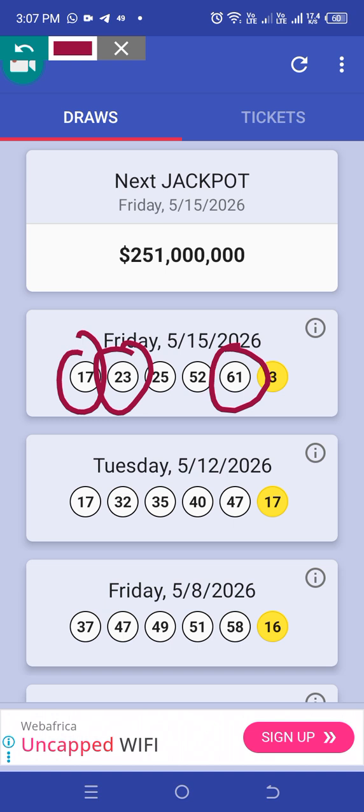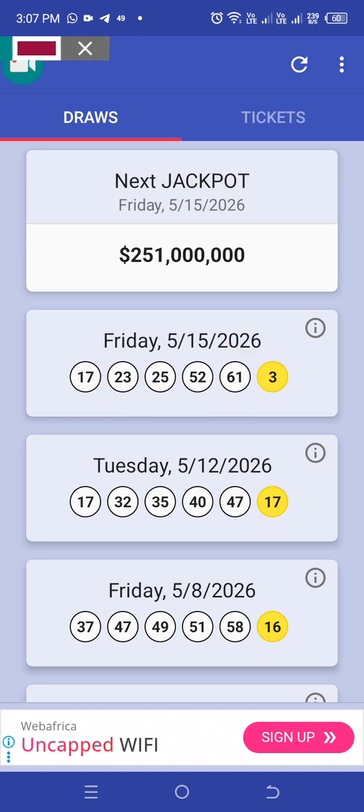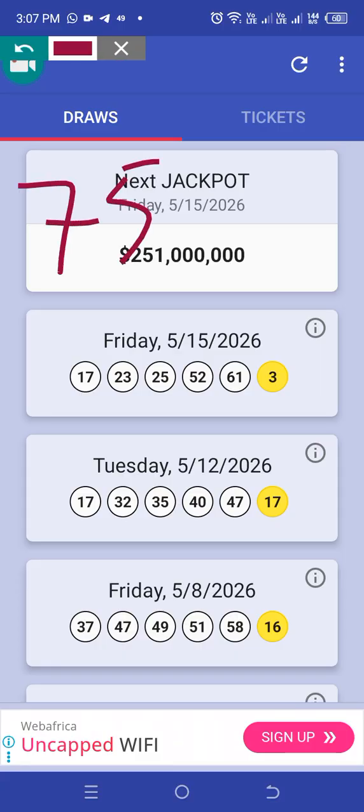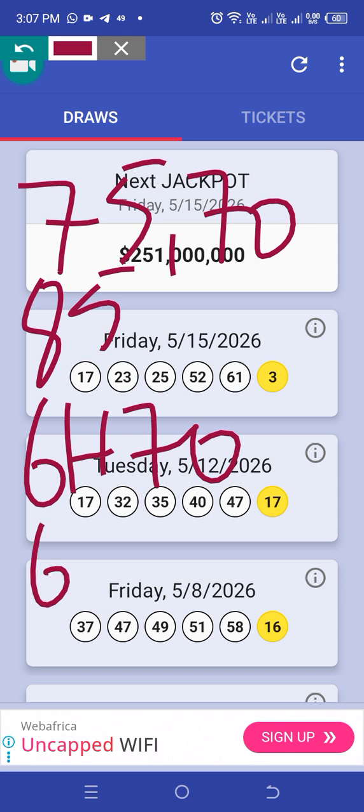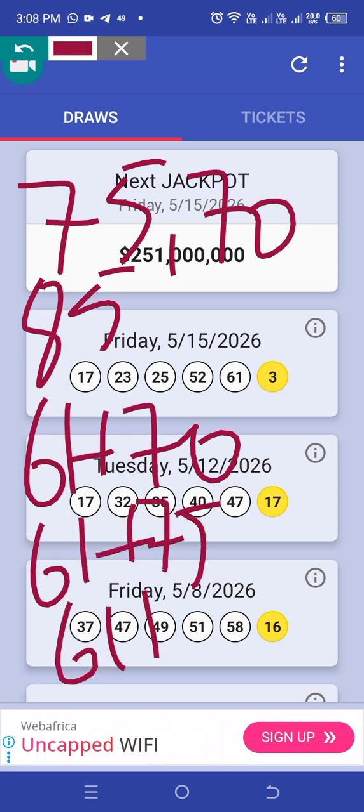So we're going to use the same pattern. We're going to have a 75, 70, and 85. Now, if we say 61 plus 70, 61 plus 75, 61 plus 85, those are the numbers that we're going to use.